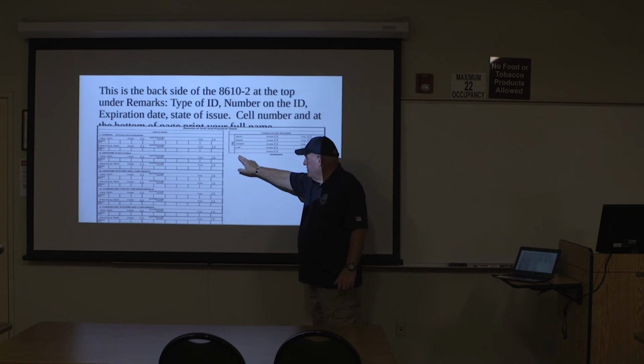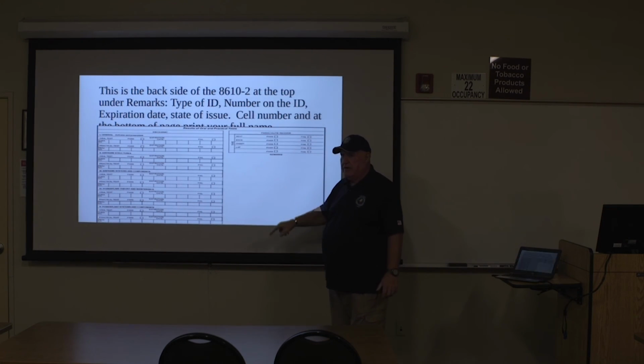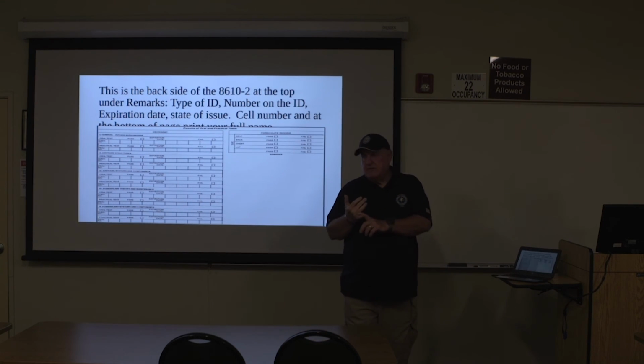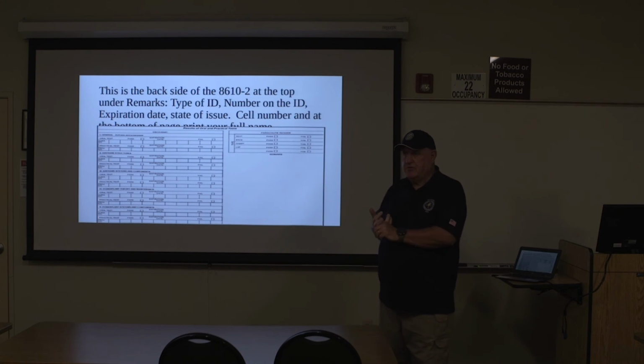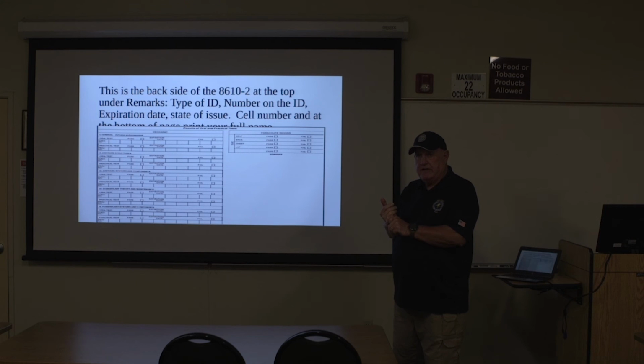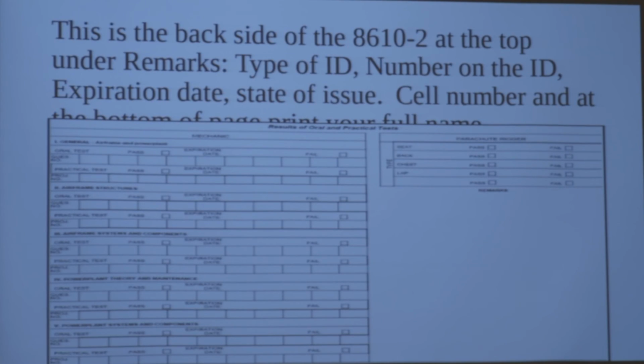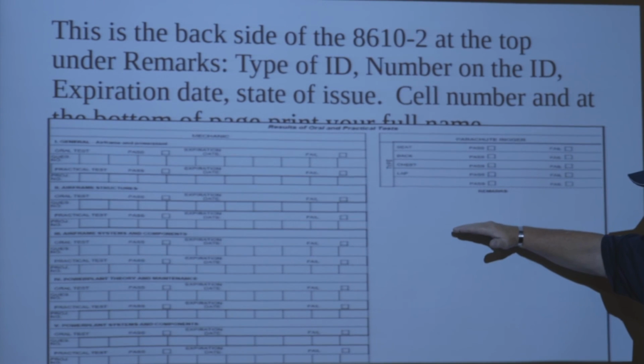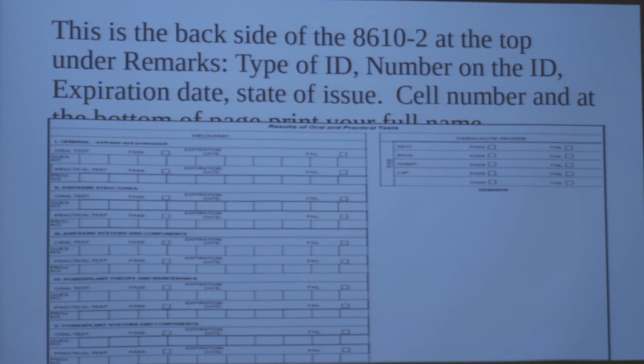Right in here, you're going to put your identification, driver's license, military ID, passport. You're going to put down what it is, so California ID, driver's license, expiration date, and the number. If it's military ID, same general thing. Right below that, you're going to put your cell phone number in case there's something that we need to get in touch with you about.